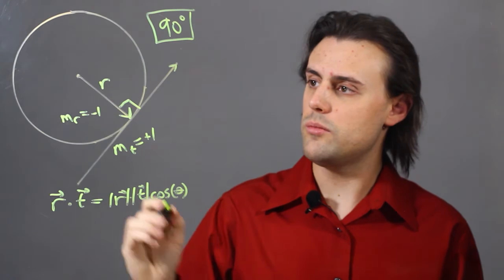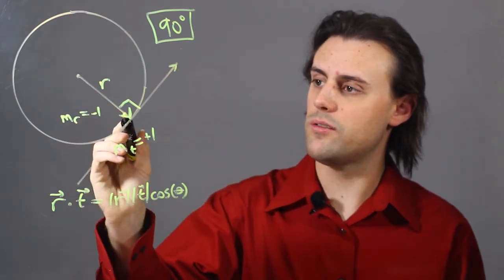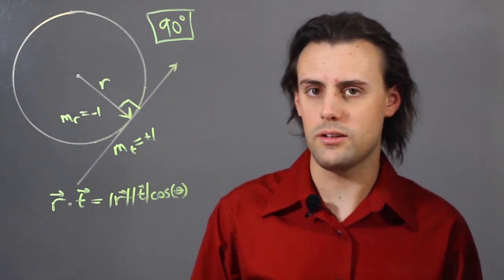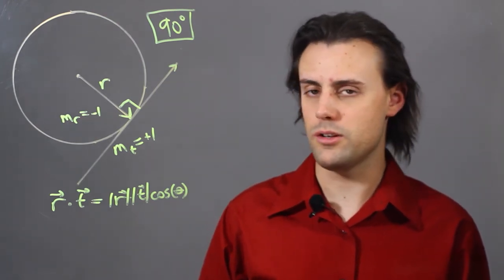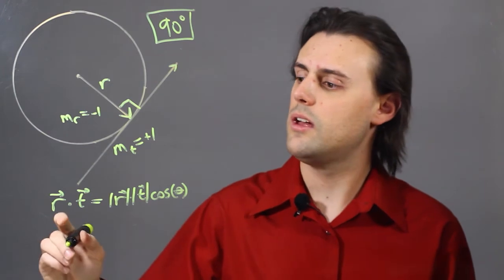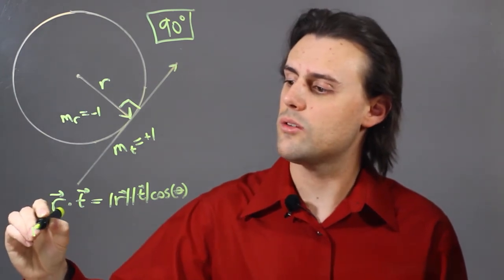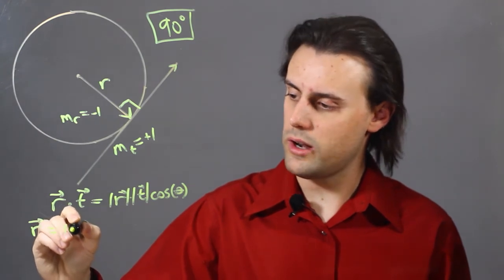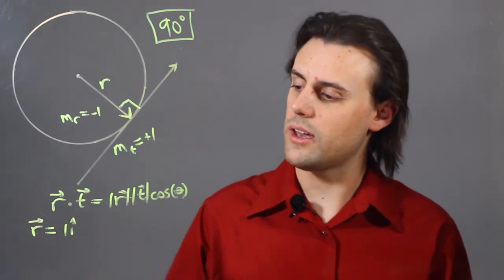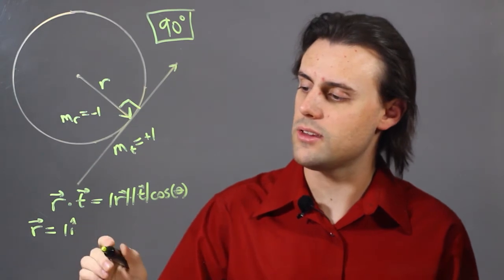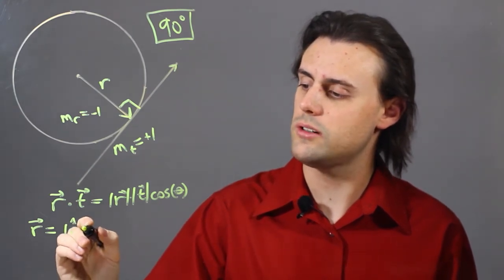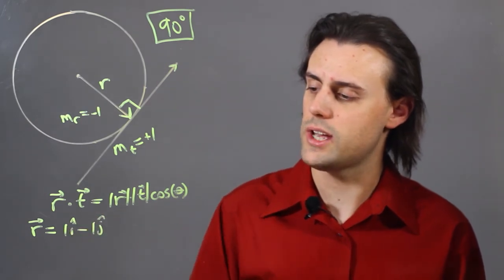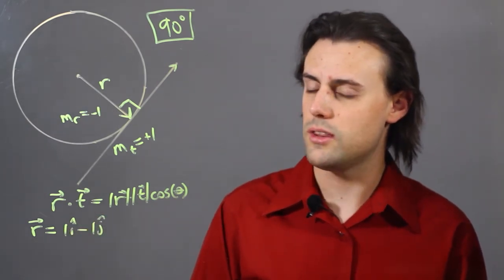If I don't know the angle, but I know the respective components of each of the vectors, then I can also calculate the inner product by simply using the vector arrays. So let's say that the radius vector has 1 as the x component, where i hat is the unit vector in the x direction, but then it has -1 times j hat, where j hat is the unit vector in the vertical direction.